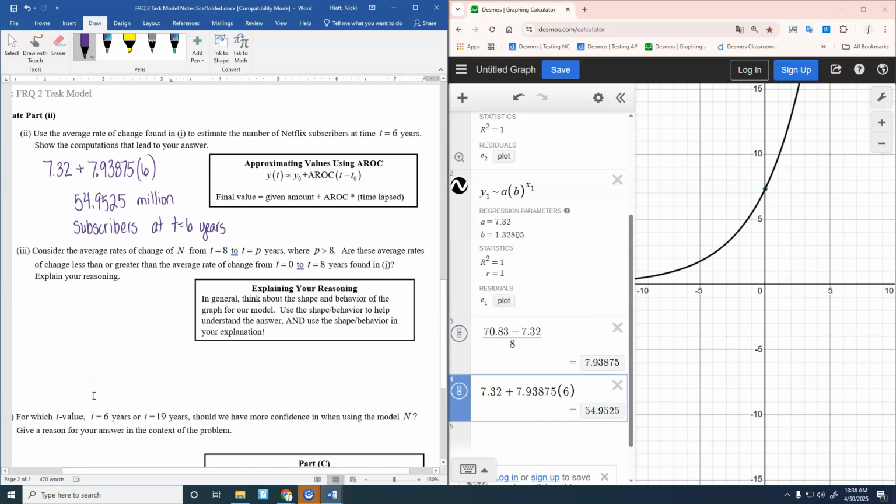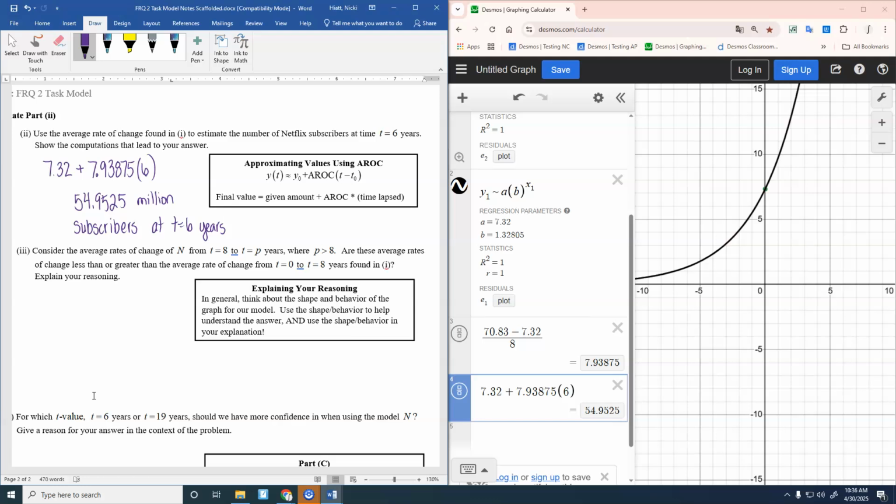Okay. Part 3 says consider the average rates of change of n from t equals 8 to t equals p years, where p is greater than 8. Are these average rates of change less than or greater than the average rate of change from t equals 0 to t equals 8?